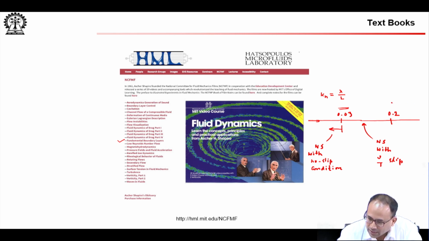However, if you are at a Knudsen number higher than 0.2, you cannot use Navier-Stokes anymore. Here you have to use something called free molecular simulation. This is free molecular flow.